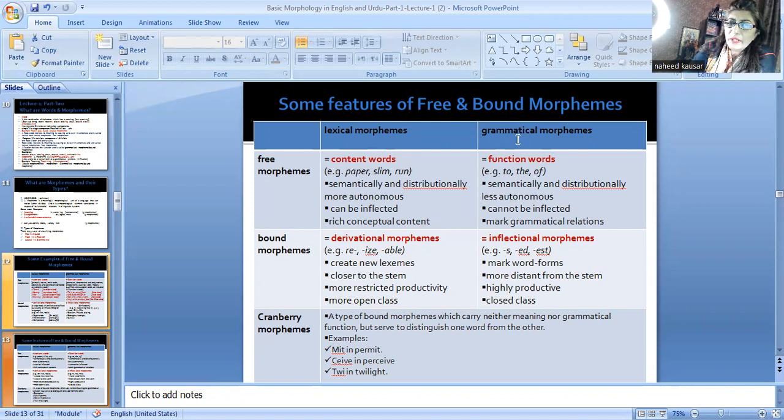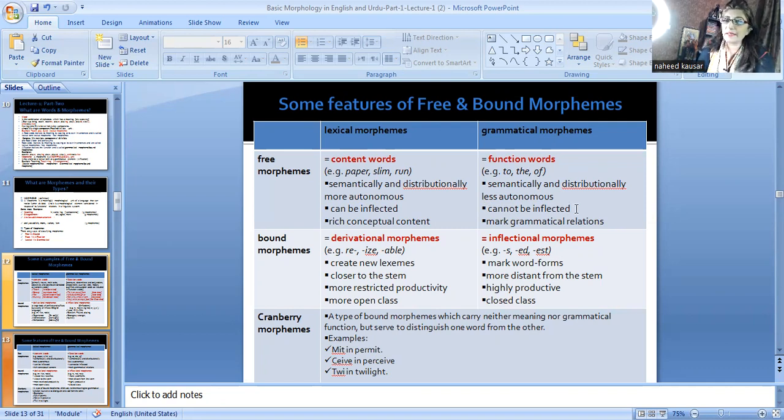And if we are talking about the grammatical morphemes like to, the, and of, these are basically function words, usually considered as prepositions, determiners, and the kind of list I shared with you in the previous slide. They are semantically and distributionally less autonomous and cannot be inflected.